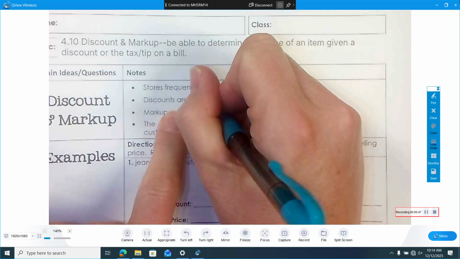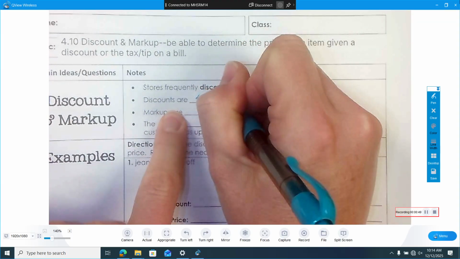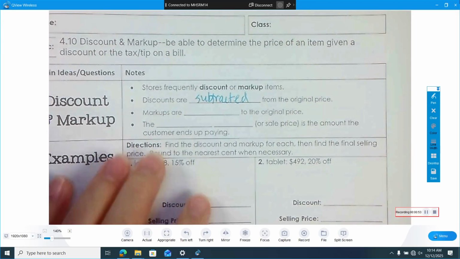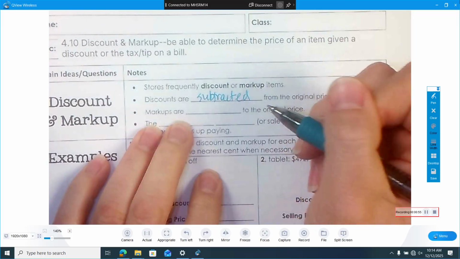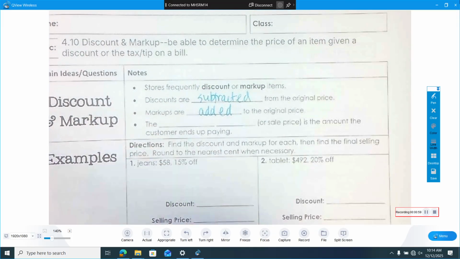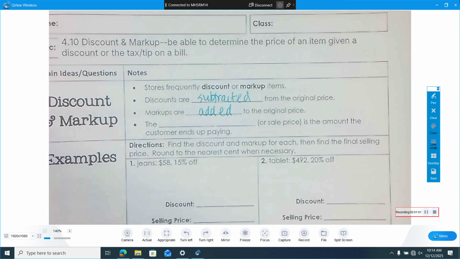Discounts are subtracted from the original price, and markups are added. So markups typically happen if you're a business and you buy stuff wholesale. Then you would add extra to the cost, and that would be the markup.